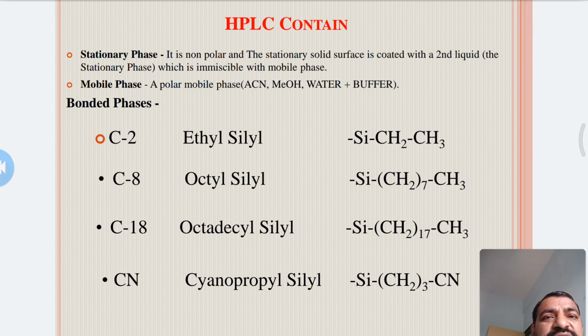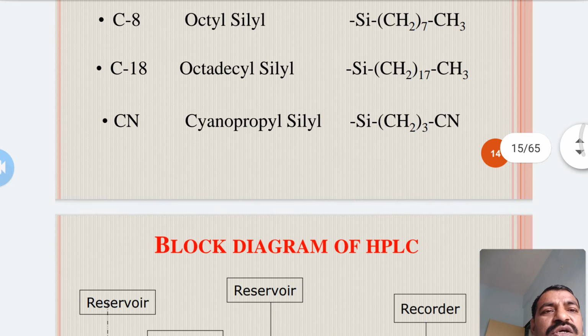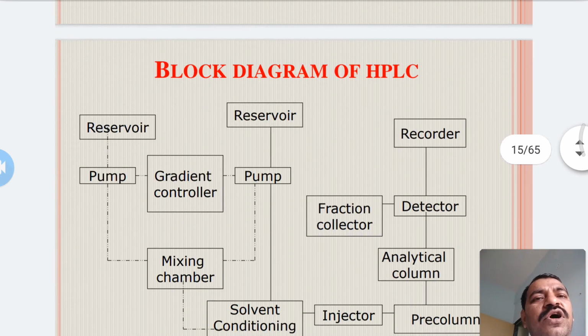In mobile phase, a polar mobile phase consisting of acetonitrile, methanol, water plus buffer solutions is used in HPLC.